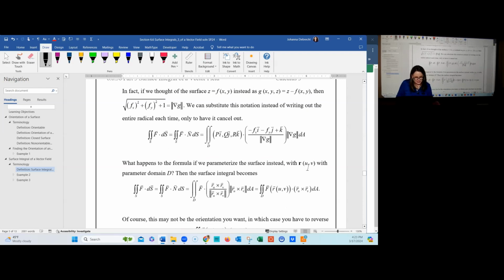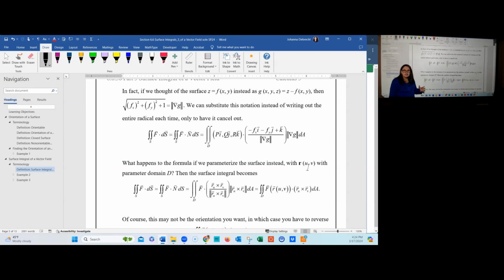If we thought of this surface, z equals some function of x and y, instead as g, a function of 3 variables, x, y, and z, and we wrote it as z minus f of x, y, then we could represent the notation, the square root of the partial of f with respect to x quantity squared, plus the partial of f with respect to y quantity squared plus 1, as the magnitude of the gradient of g, del g.